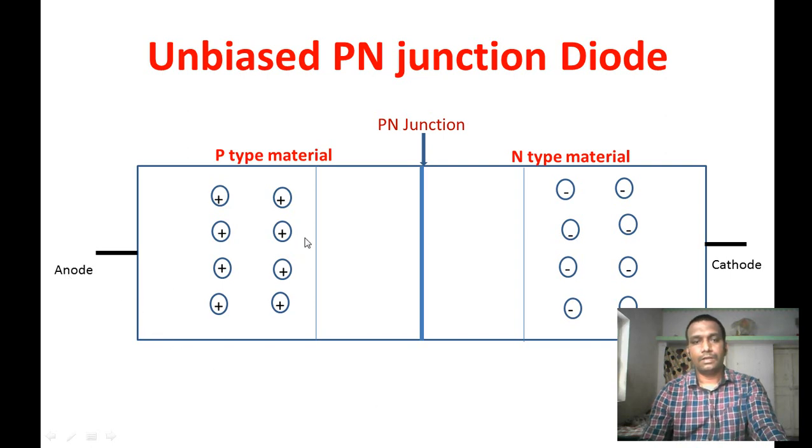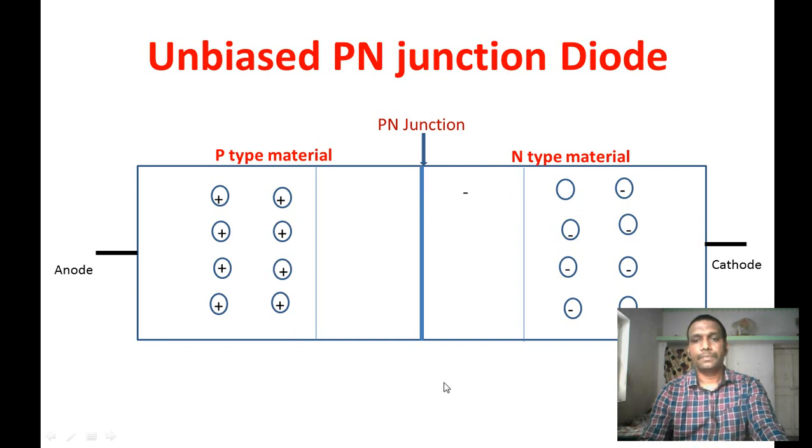You know that holes have a positive charge and electrons have a negative charge. Positive attracts negative, that means opposites attract each other. So the positive holes attract these electrons, and these electrons move towards the p-type material.